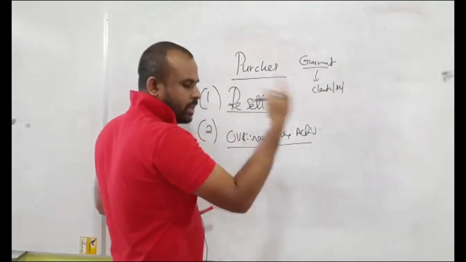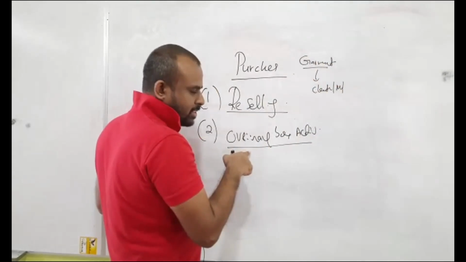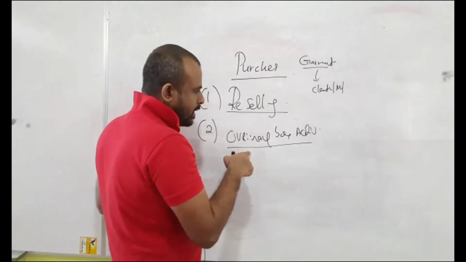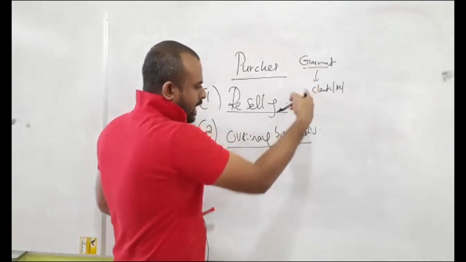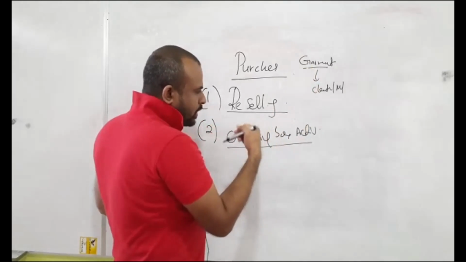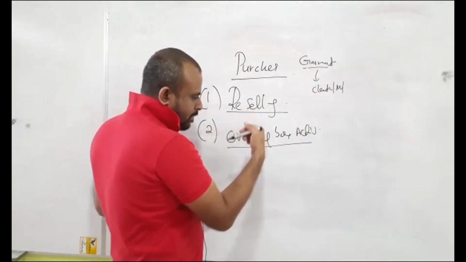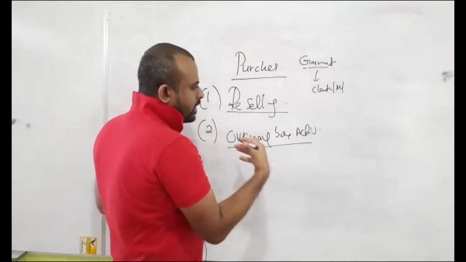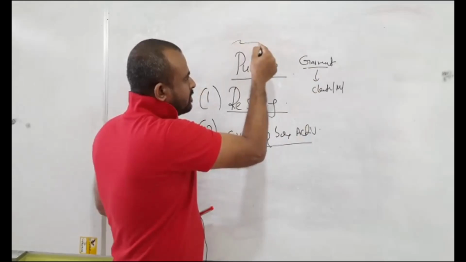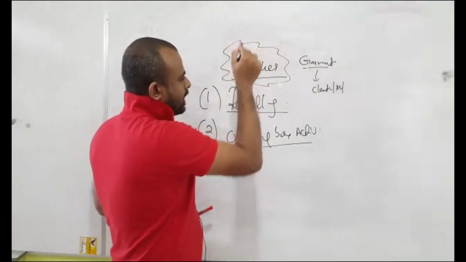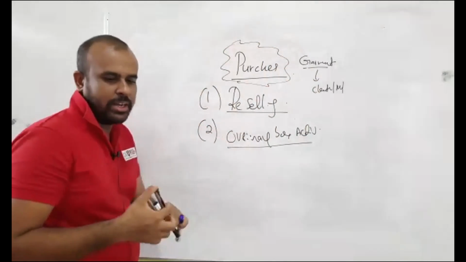To resell in the ordinary course of business. What is the ordinary course of business of a garment factory? Yeah, selling the garments. Now, if you buy something to resell in the ordinary course of business, that is what you identify as a purchase.